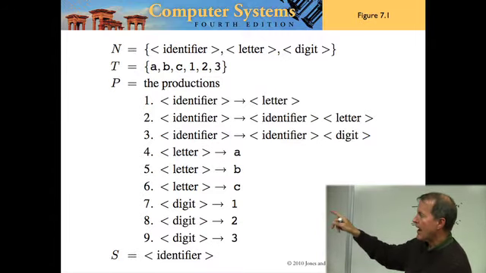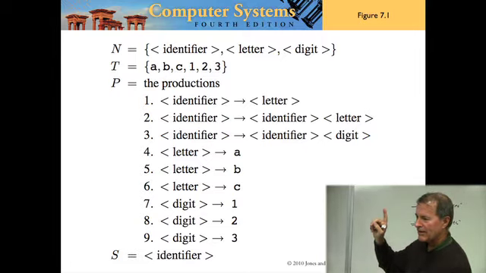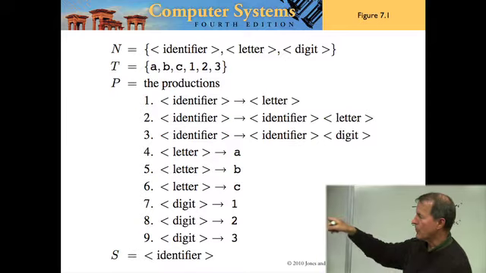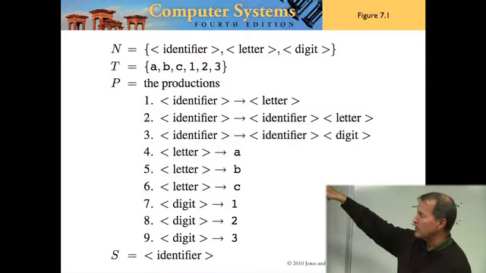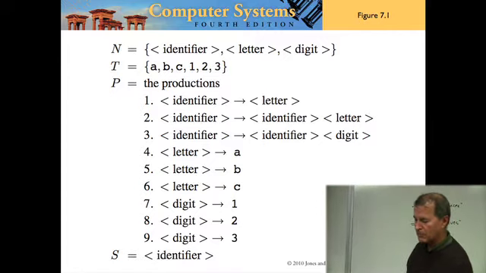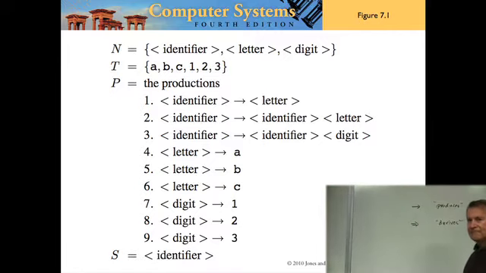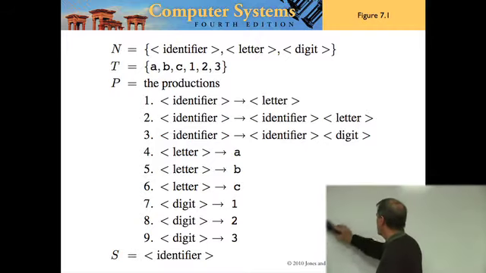digit produces 3. And then what did we say S was? An element of N. So notice that S equals identifier, and if you look up there at the top, identifier is one of the N's. Are you with me? Is everybody clear? So now, here's how this works.